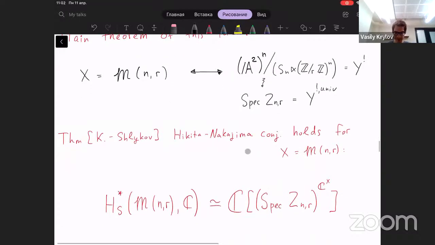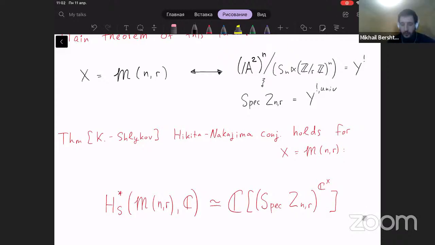And the theorem is that the Hikita-Nakajima conjecture holds in this situation. In other words, we have an isomorphism between the equivariant cohomology of M of R with respect to the torus S, and the schematic fixed points of the spectrum of the center of the rational Cherednik algebra. Any questions about the statement?